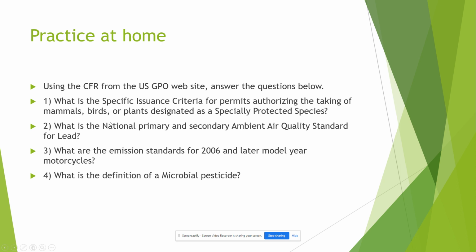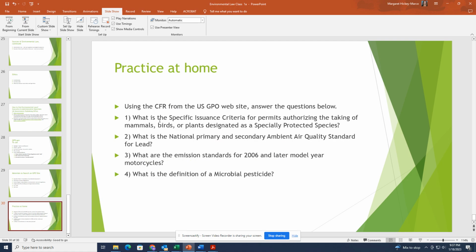Okay. So if I'm talking about this, what is the specific issuance criteria for permits authorizing the taking of mammals, birds, plants designated as special protected species? It's a lot of gobbledygook. So I know for our practice here, we're going to do the CFR and answer these questions. And again, this is just for practice, so you know how to do it.